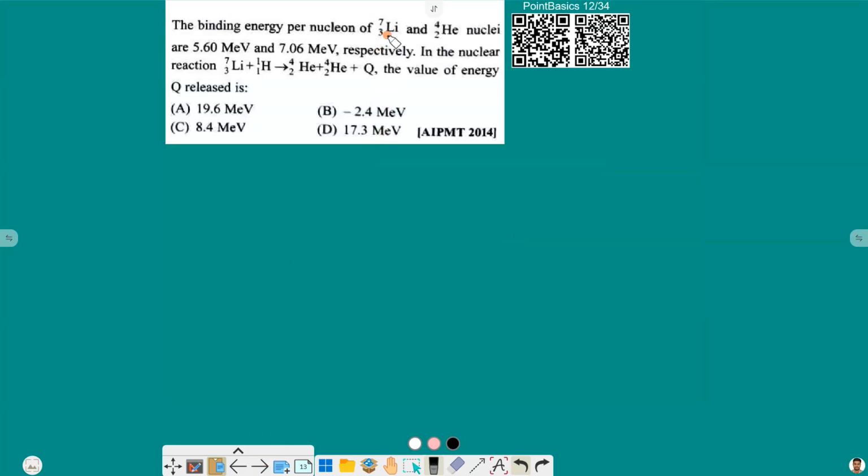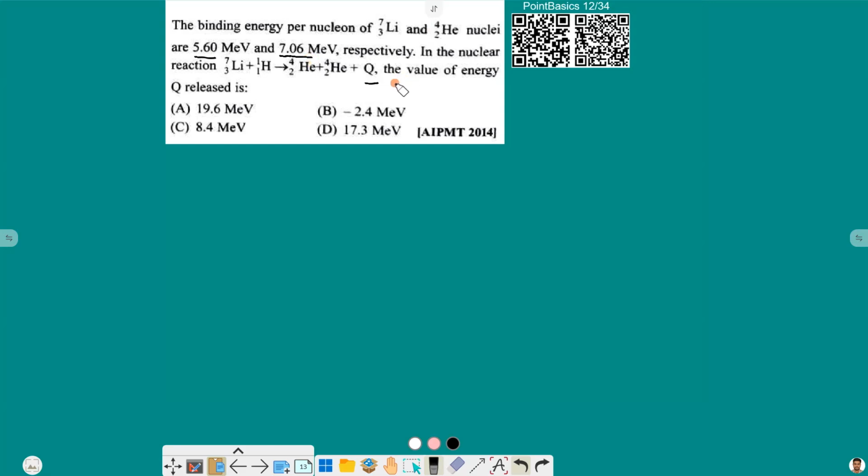Binding energy per nucleon of lithium and helium nuclei are given. In the nuclear process, lithium plus hydrogen give us helium plus Q. The value of energy released is. So if we see carefully here, binding energy per nucleon of lithium is smaller and binding energy per nucleon of helium is greater.